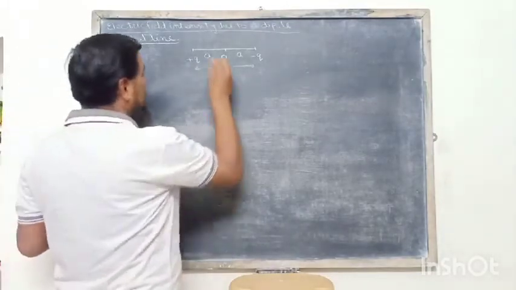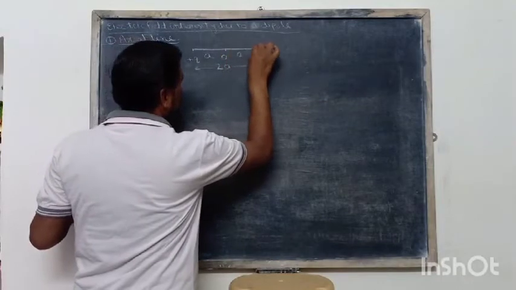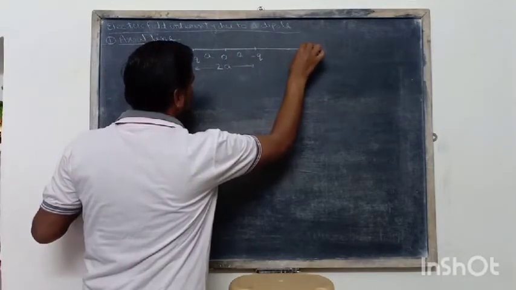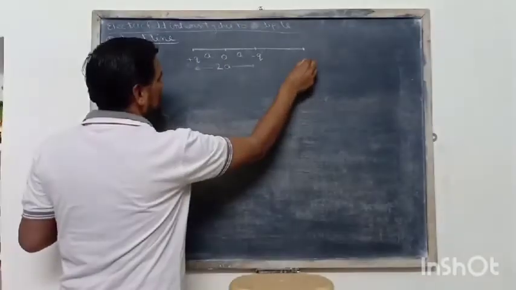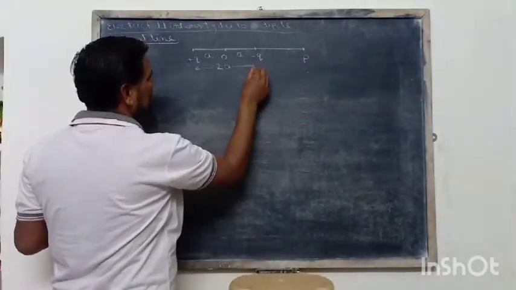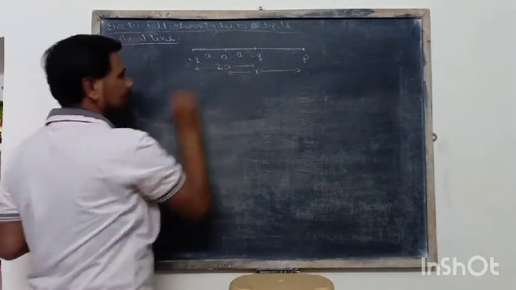The axial line is the axis that passes through both the charges of the dipole, and we consider a point P on this axial line which is at a distance r from the dipole.